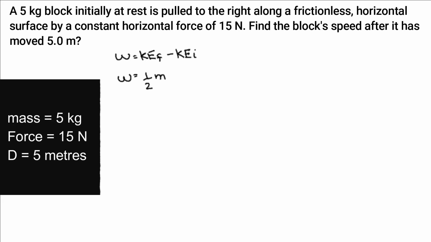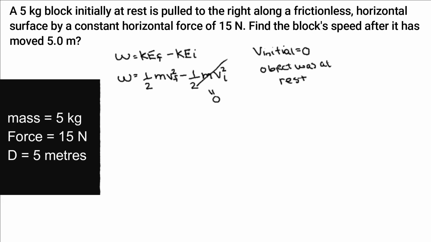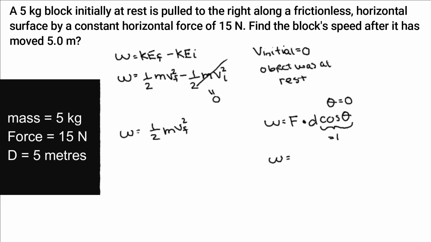We can always connect work to energy since we know work is just the change in energy. So, since work equals final kinetic energy minus initial kinetic energy, but the initial velocity is 0 since the object started from rest, work equals just the final kinetic energy. Then work also equals force times displacement times cosine of theta, but the force was applied horizontally as well as the displacement. This tells us that the angle theta is 0 as they were both going in the same direction, and cosine of 0 is just 1.